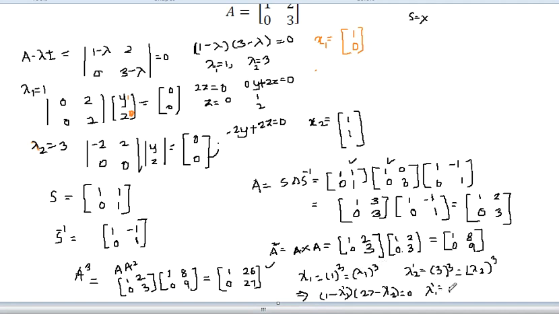Of course, λ1 dash is λ1 to the power 3, that is true, and λ2 dash is equal to 27, which is equal to, λ2 is 3, so it is 3 to the power 3, which is equal to λ2 to the power 3. So we have understood how to find this A cube and all.